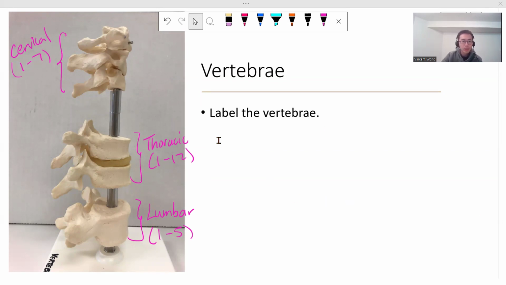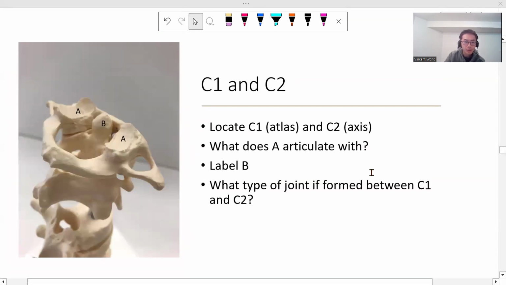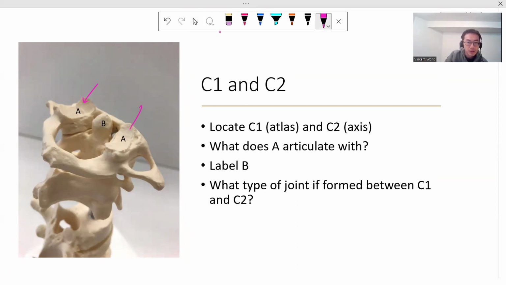Let's take a closer look at the C1 and C2. It's the same model, but I just took a picture from the top. Okay, so A, that's where the occipital condyle connects here, right?